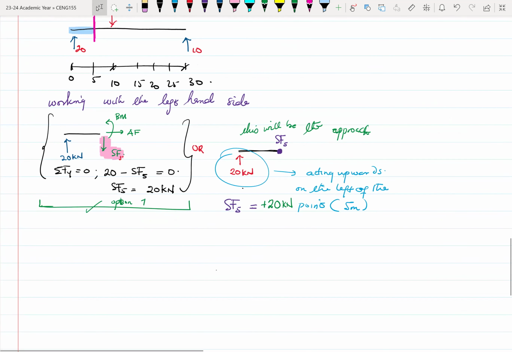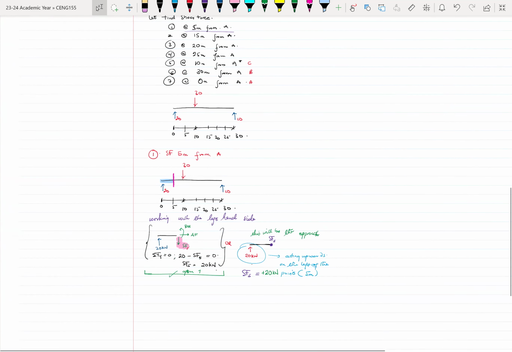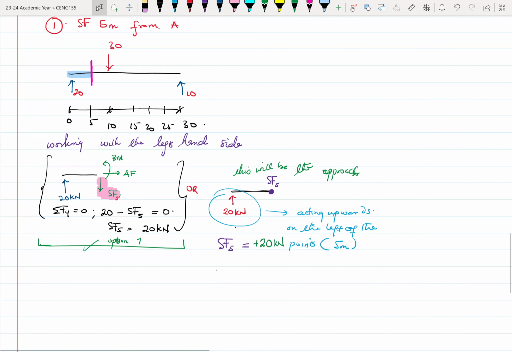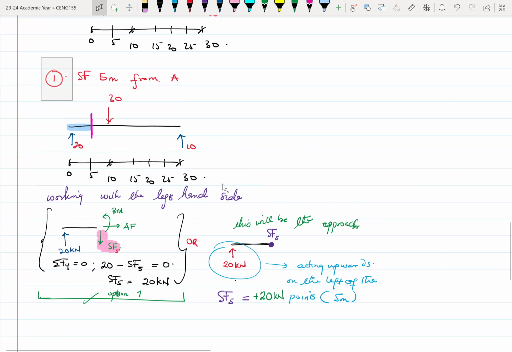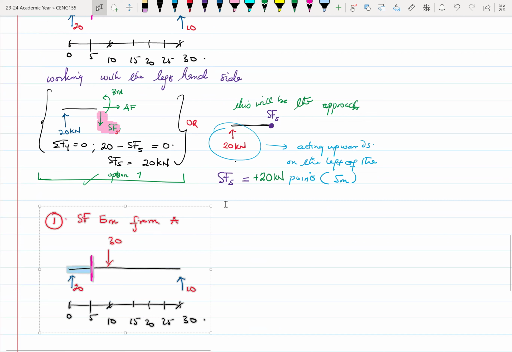Let's do a few more, and then let's see how things work out. So let's look at 15 meters. So I take this whole thing here, and I do this. This part of the course is one of the more confusing parts, I believe.